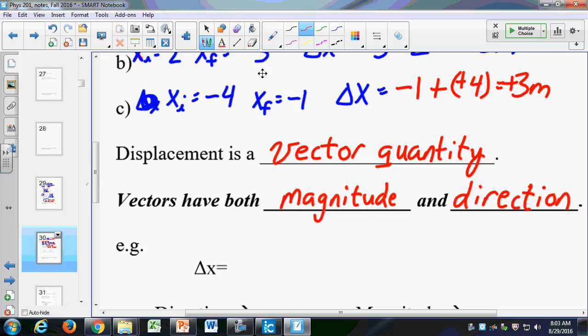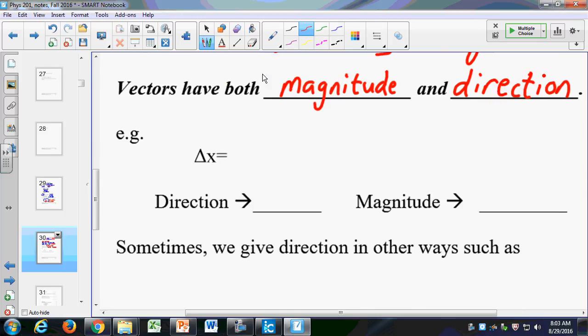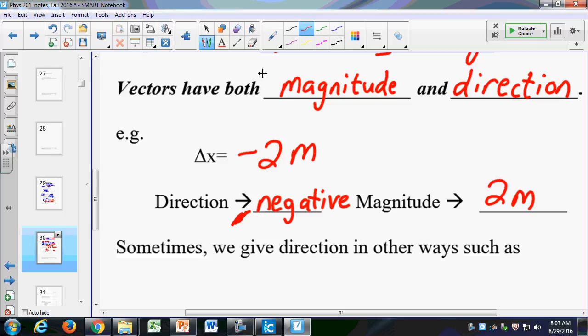Okay. So for example, if I have delta x equal to -2 meters, that means that the direction is negative, and the magnitude of this displacement is 2 meters, right? Negative is going to refer usually to left or down.